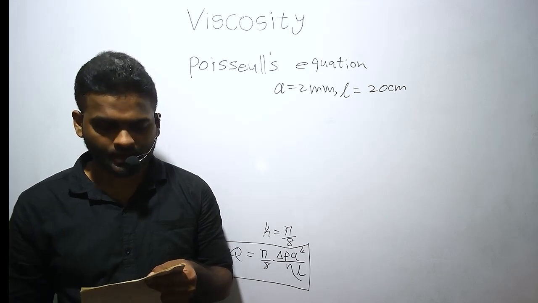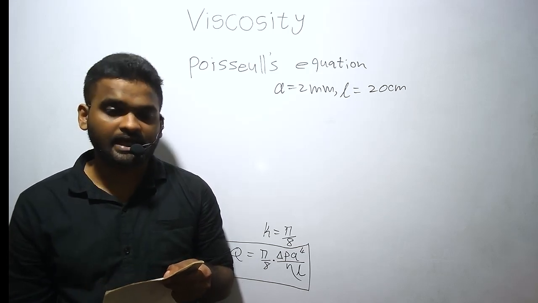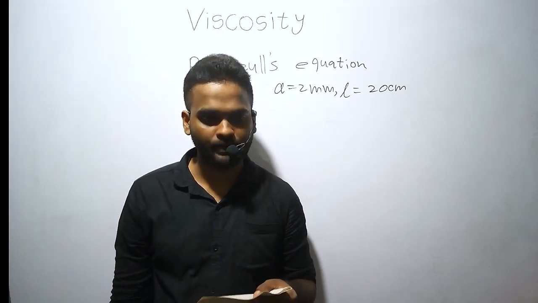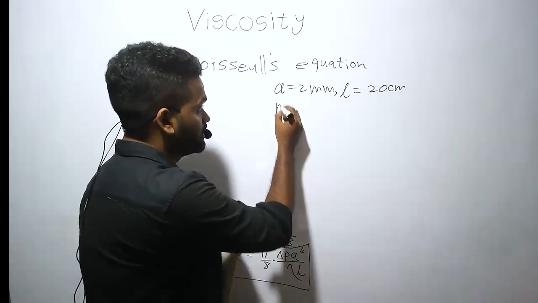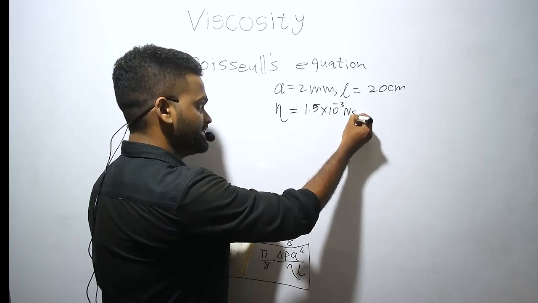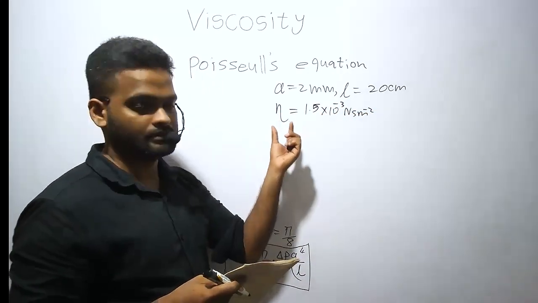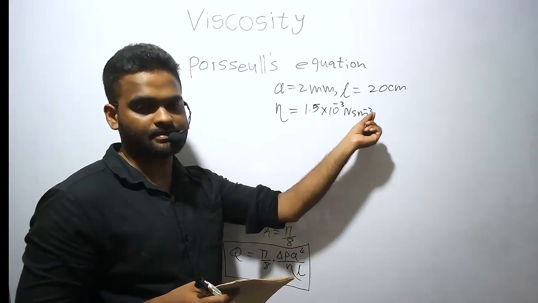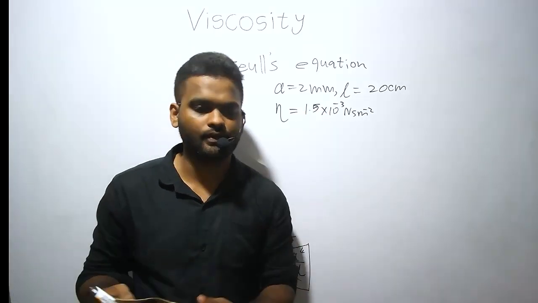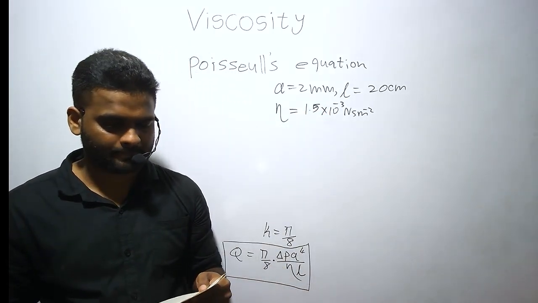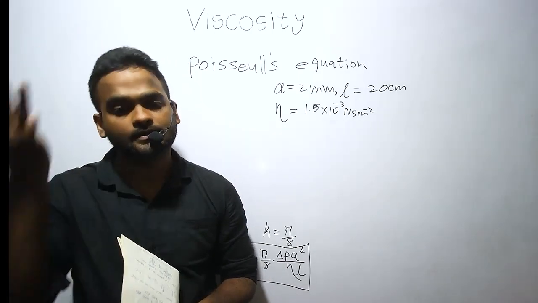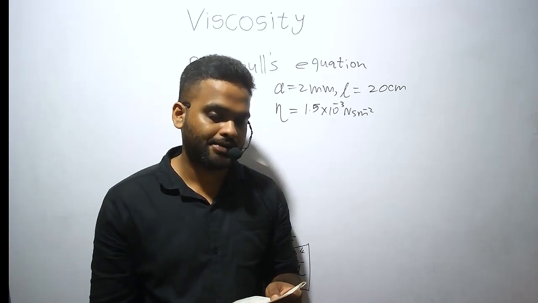A liquid with viscous coefficient 1.5 10 to the power minus 3 Ns per square meter flows through it.